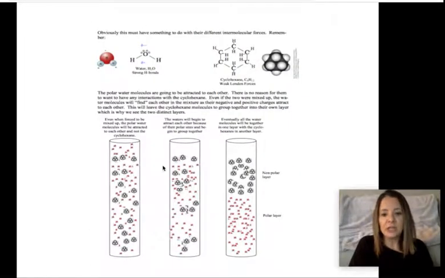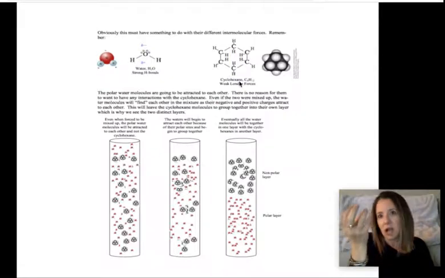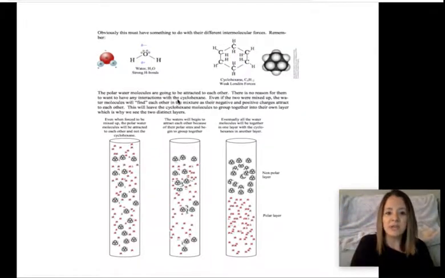So here is what it would look like if you took cyclohexane, which is a type of solute, and dissolved it in water. We see that the water is represented by this type of particle here. The two do not mix because cyclohexane is a non-polar molecule and water is a polar molecule.